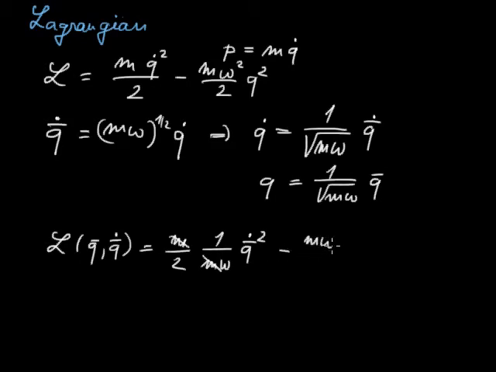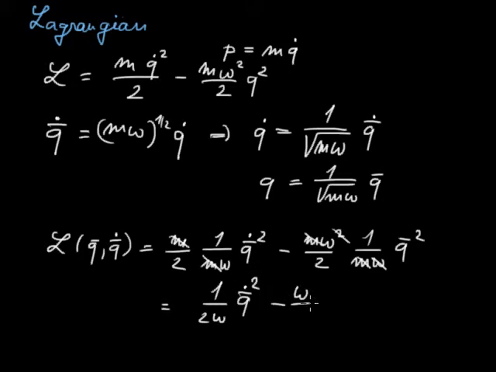Then minus, here I have m omega squared divided by 2, times 1 over m omega, and m goes away and one of the omegas goes away, and here is omega q bar squared. So this is altogether 1 over 2 omega q bar dot squared minus omega over 2 q bar squared.